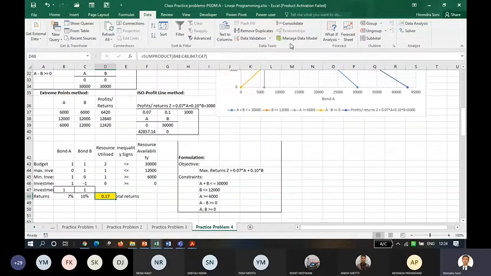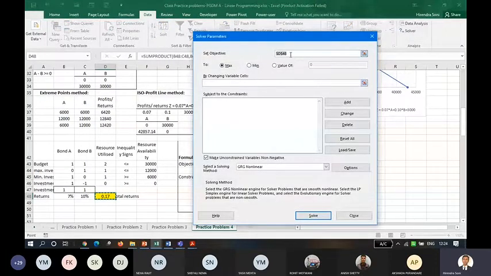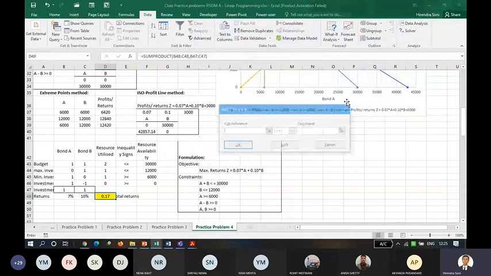Now I go to data solver. I will choose this as my objective function. Objective is to maximize. What are the variable cells to be changed? Investment in bond A and bond B. Then I say add the constraint.